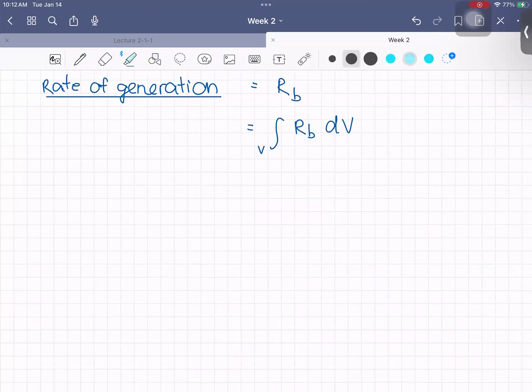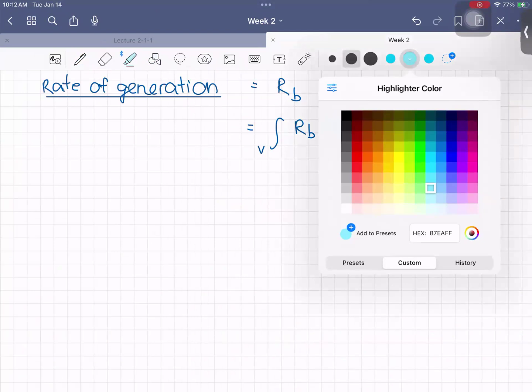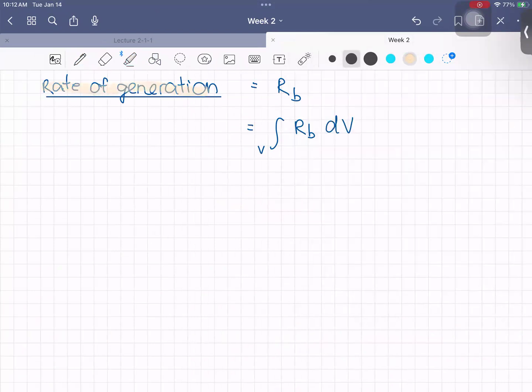And then I'm going to highlight it again in orange. So now we have all the terms. We can plug them all back into the conservation equation.